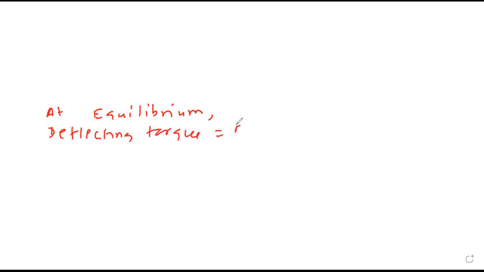At equilibrium. Equilibrium means net force 0, net torque 0. So at equilibrium, deflecting torque will balance restoring torque. Deflecting torque we got NIAB and restoring torque is k theta.